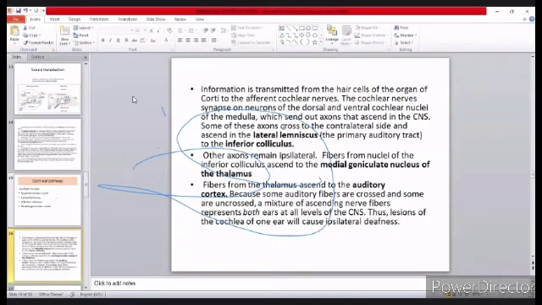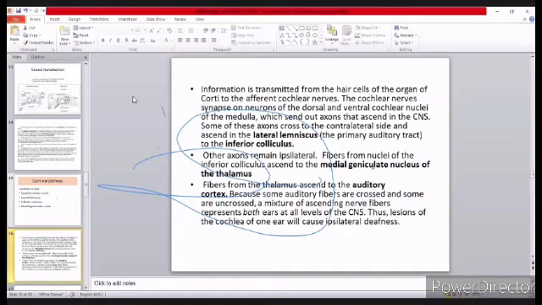When they do that, they take them to the dorsal and the ventral cochlear nuclei of the medulla, which sends out axons that ascend to the central nervous system. Some of these axons cross to the contralateral side.